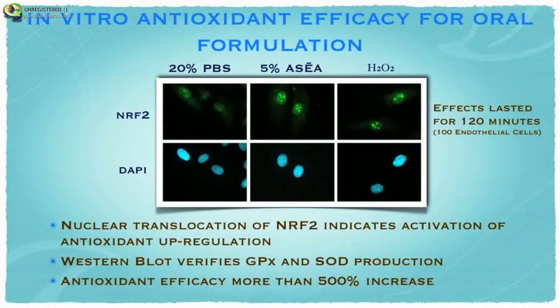And this has not been seen before in the scientific world, and raised a lot of eyebrows, thinking, this is different. This is not what we're used to seeing. And that, of course, underscores the fact that ASEA is not a nutritional product like you mostly see out there. This is a product that is native to the body. It's what we naturally produce in our body, but as we age, of course, we produce less.